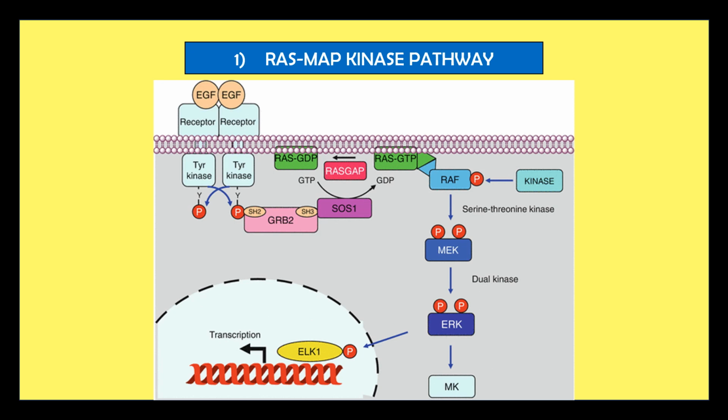GRB2 also contains two SH3 domains which will bind and activate SOS, and SH3 binds to proline-rich motifs. The activation of a receptor tyrosine kinase may itself trigger multiple pathways. For example, activation of the EGF receptor activates the RAS-dependent pathway as well as RAS-independent pathways, including secondary messengers.